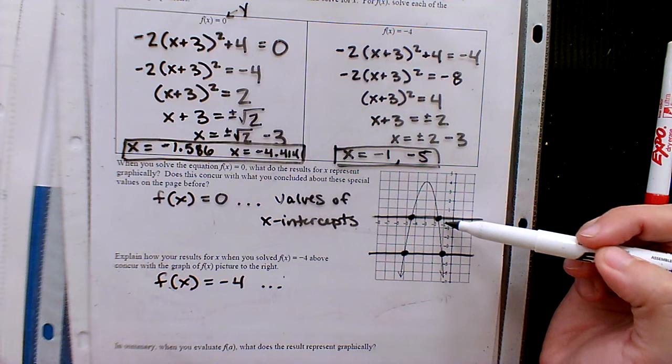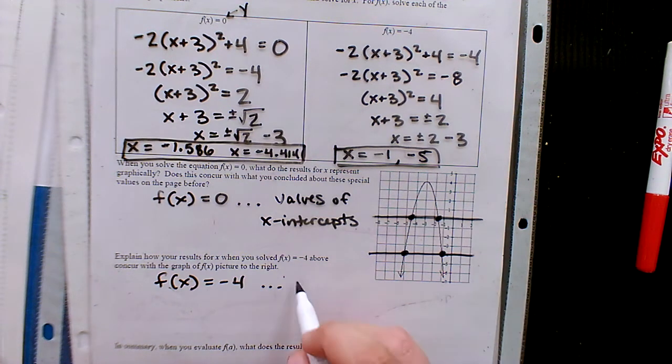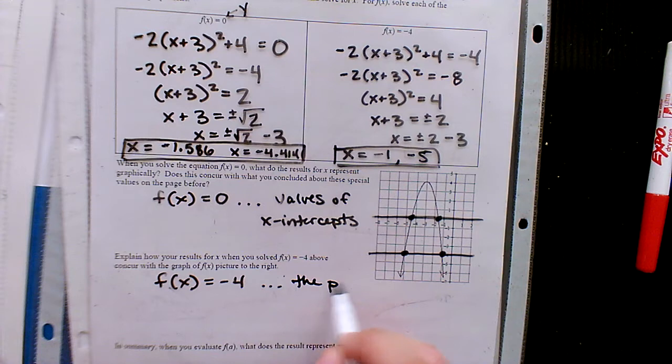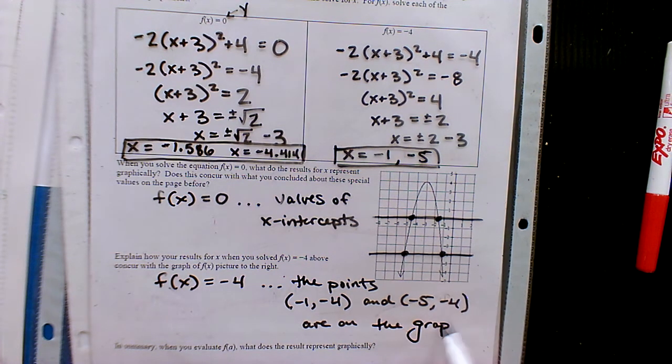The x location of the first point was negative 1, the x location of the second point was negative 5. So the points, let's see, negative 1, negative 4, and negative 5, negative 4 are on the graph.